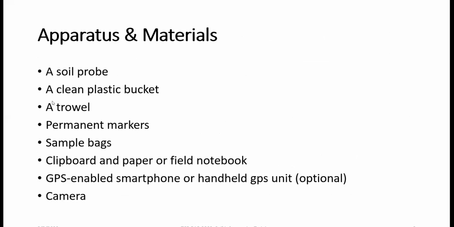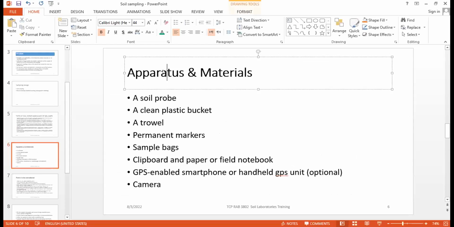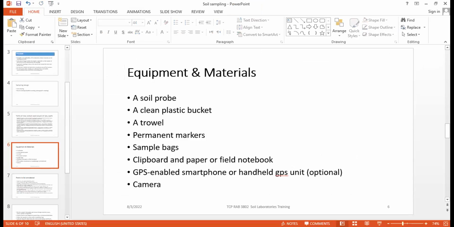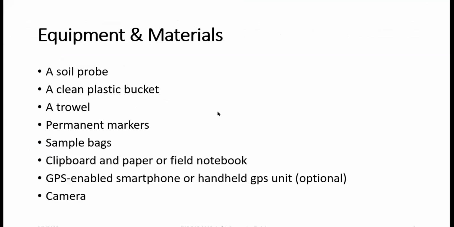Normally in soil sampling, you use this equipment and material. You need to have a soil probe, plastic bucket, trowel, permanent markers, sample bags, clipboard and paper or field notebook, and very important, the global positioning system, GPS.